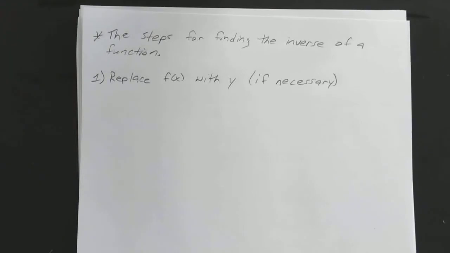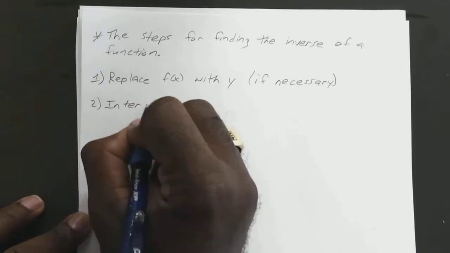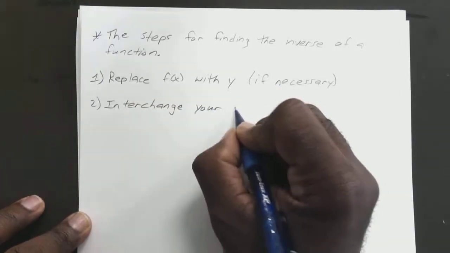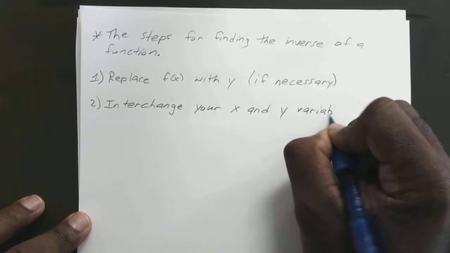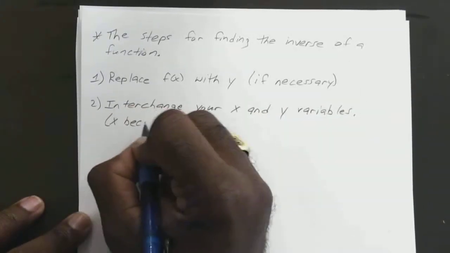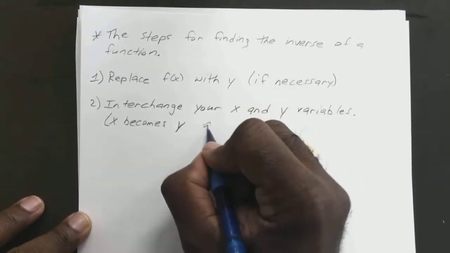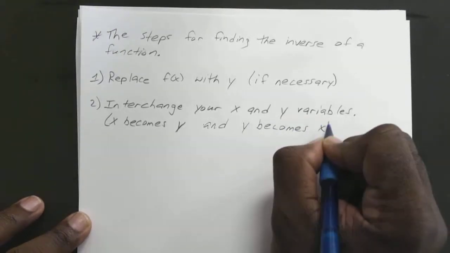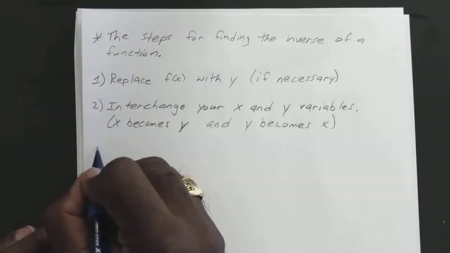Now your second step is you're going to interchange all of your x and y variables. So all your x's will become y's and all your y's will become x's. x becomes y, and y becomes x.